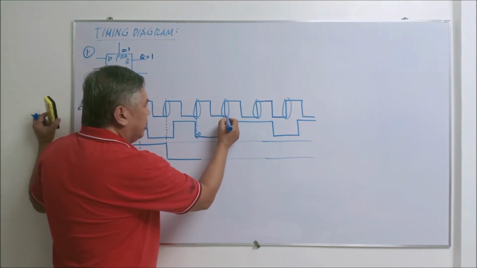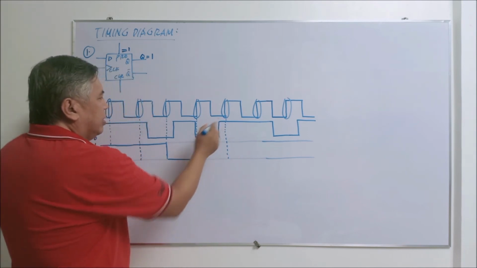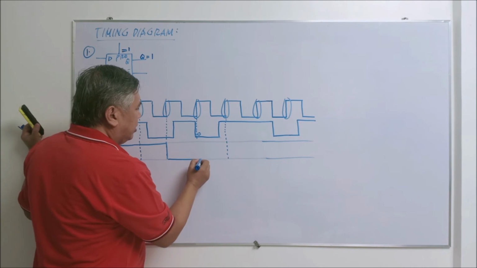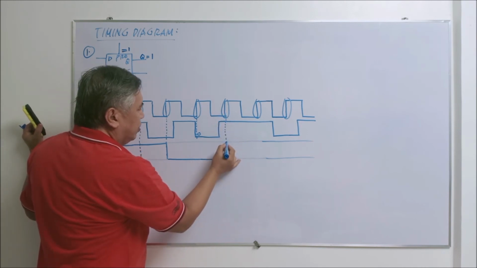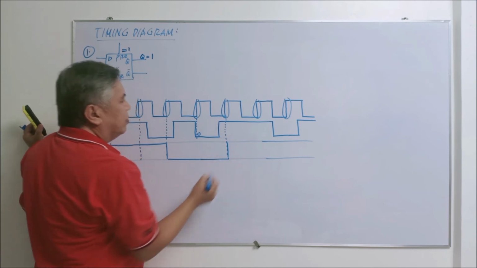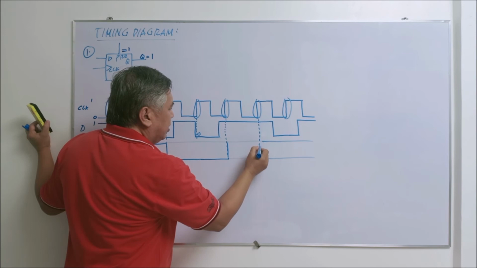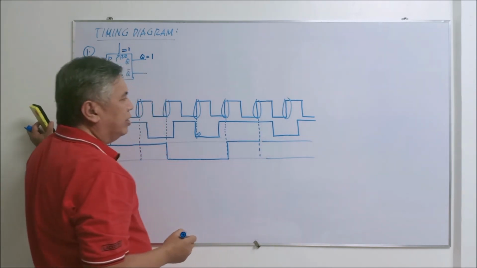Then positive triggering here. Just find the positive triggering of the clock and then determine the value of your D. Then D implies Q. So in this case, positive triggering, D is 1, so D implies Q. Okay? Then here, positive triggering, D is 1, so it remains 1.